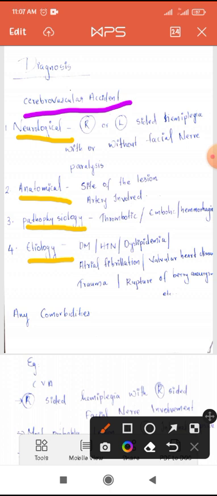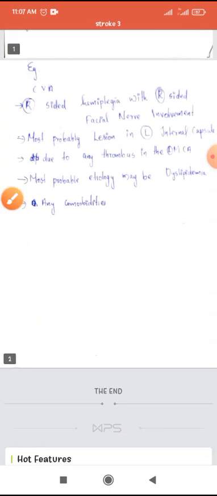Now I will give an example of how to write a diagnosis. First of all, it's a cerebrovascular accident, that is CVA. Then it's a case of right-sided hemiplegia with right-sided facial nerve involvement.